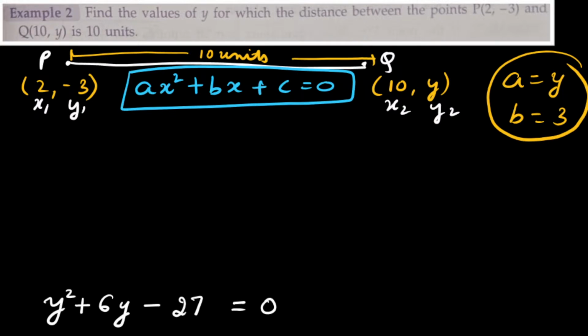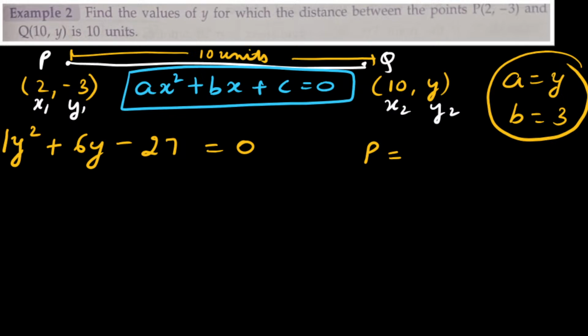The given equation is y square plus 6y minus 27 equals 0. Y square's coefficient I can write as 1. So what is the product of first and last? 1 into minus 27, so this is minus 27. And the middle term is equal to 6.